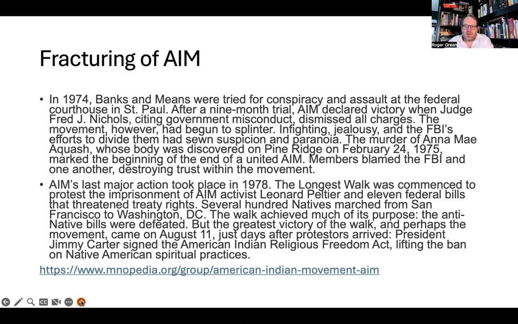The greatest victory of the walk, and perhaps of the movement, came on August 11th, just days after the protesters arrived, when President Jimmy Carter signed the American Indian Religious Freedom Act, lifting the ban on Native spiritual practices. Remember, even though there was the Indian Reorganization Act in '34, which loosened up things, Native spiritual practices had been banned for a long time.